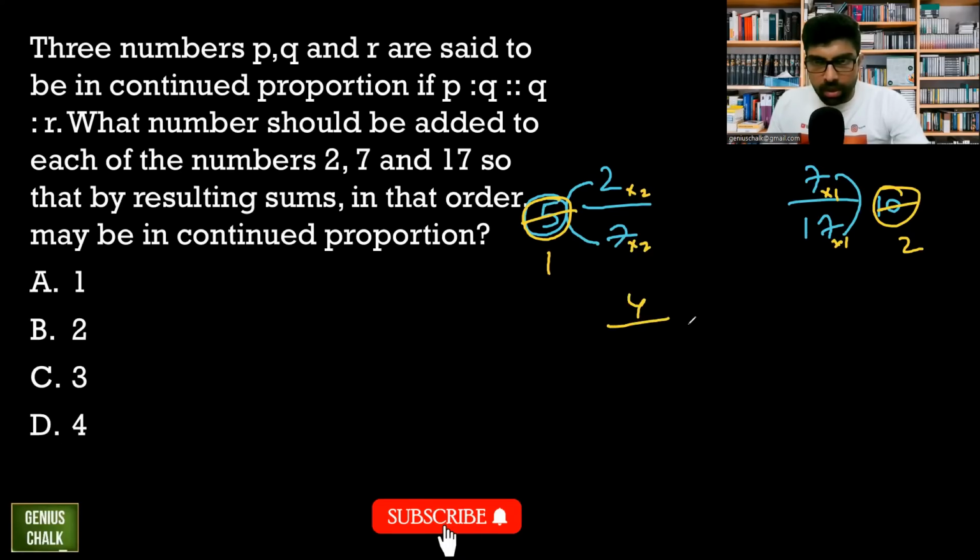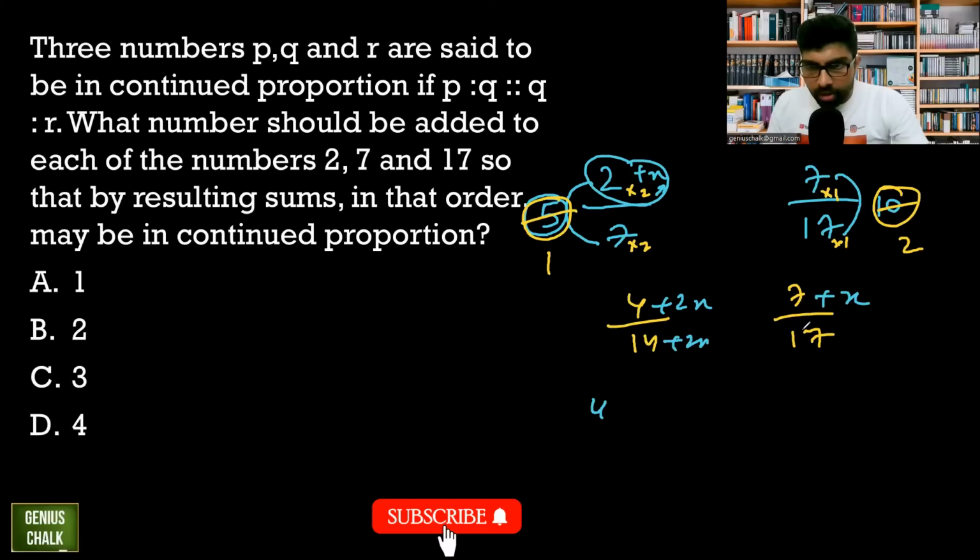This becomes 4 by 14. This becomes 7 by 17. I hope this is clear. Now you see, this was multiplied by 2, so if you add some variable x, that also will be multiplied by 2. So 4 plus 2x equal to 7 plus x. Now you can take any one: 17 plus 2x. This is 17 plus 2x. It is 17 plus x.